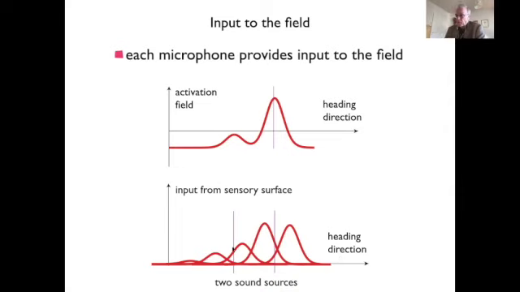And so if there are sound sources, like for instance, in these directions that I marked here by these lines, then the microphones will respond to these sound sources in different ways, depending on how close in angle they are to the sound source. So for instance, those microphones that are pointing sort of to the side don't react much. Those that point in the direction of these sound sources react more strongly.